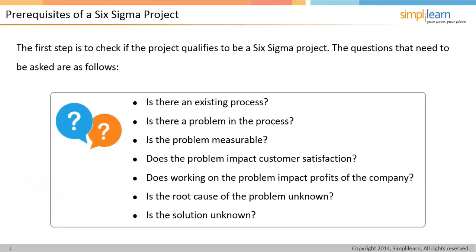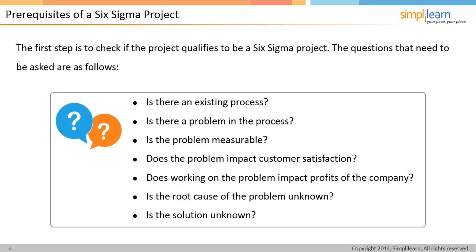So the first piece of the define will be project identification. For anybody thinking about a potential project, we need to check whether or not the project actually qualifies to be a Six Sigma project. There are certain questions that you'll need to ask, and some of those questions are listed here. Is there an existing process? Is there a problem in the process?